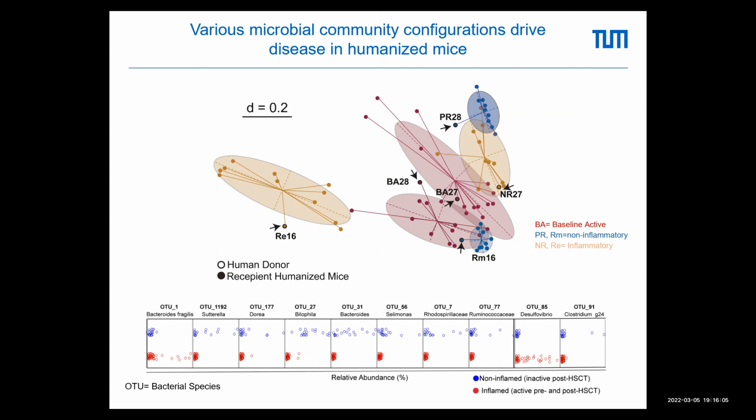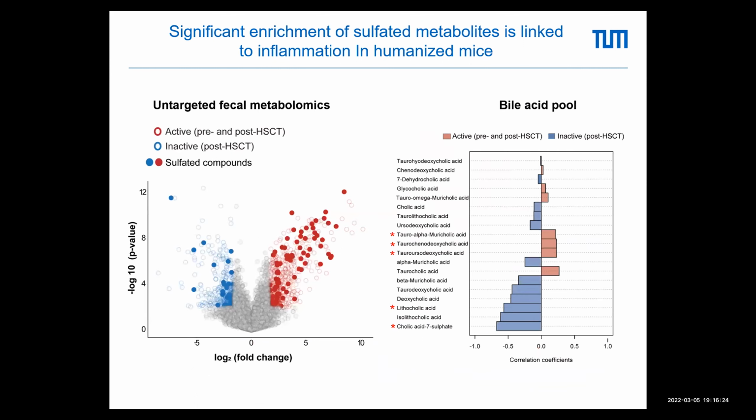Interestingly, one of these taxa was Desulfovibrio, a sulfate-reducing bacteria, again confirming our findings from shotgun metagenomics and metabolomics.